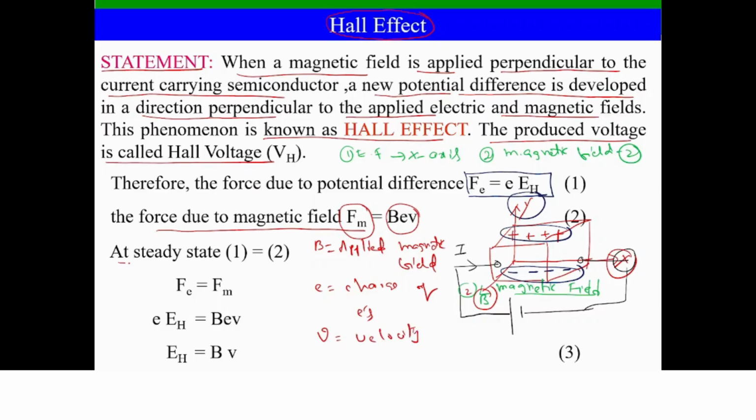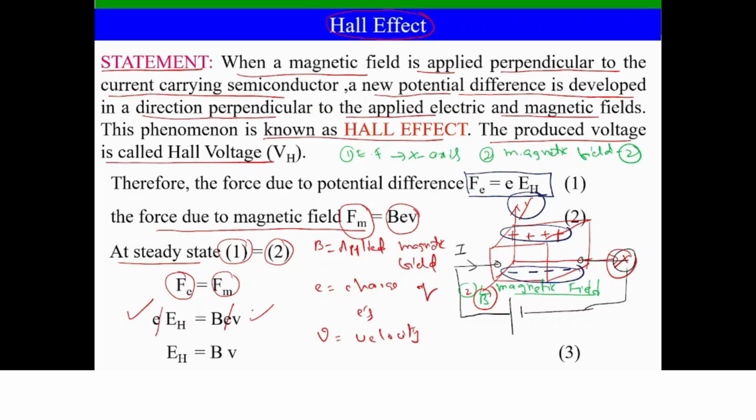Now at the steady state, we can equate the first equation and the second equation. What is the first equation? The Hall electric force Fe, and equation number 2 indicates the magnetic force. So equation 1 is equal to equation 2. Now equation number 1: e into EH is equal to B into eV. In this expression we can cancel small e.